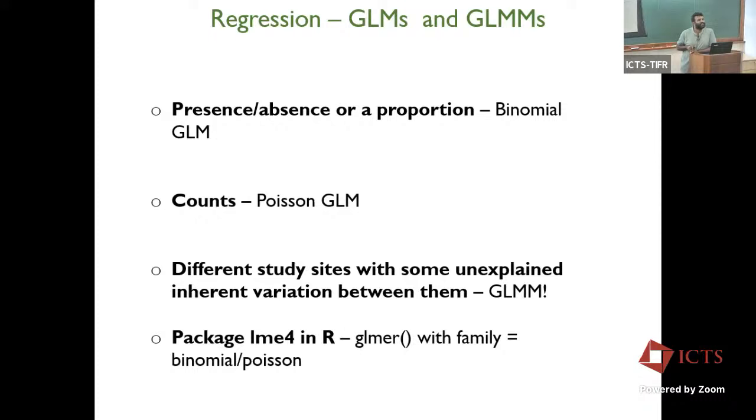Maybe Ashwin or somebody can tell. How do distribution models compare to GLMM? How do they handle random effects, or do they have inbuilt ways to handle random effects?